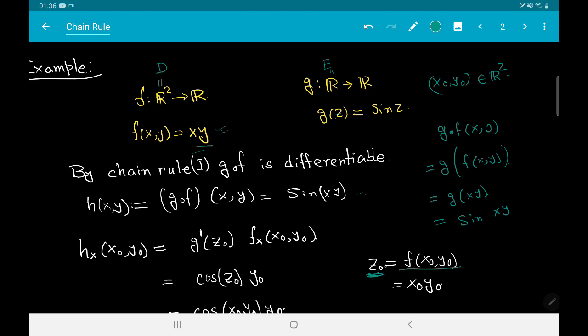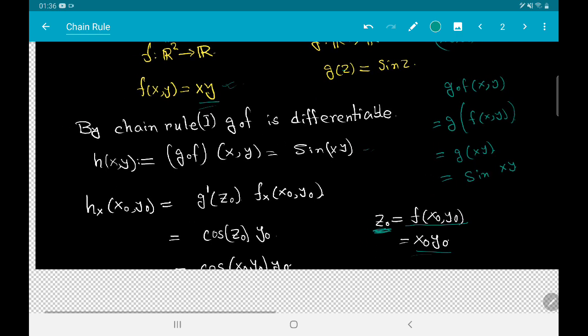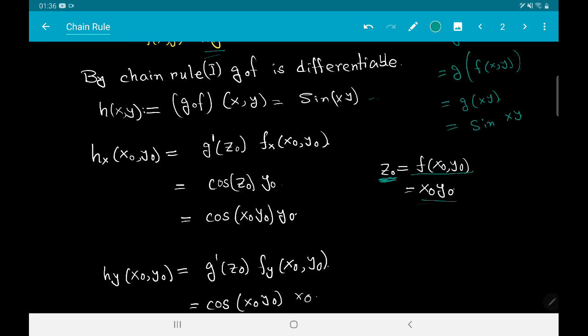Note that z0 is nothing but the real number x0 times y0. Our chain rule says h_x(x0,y0) is given by g prime(z0) times f_x(x0,y0). If you carefully evaluate, this will come down to cos(x0 y0) times y0.